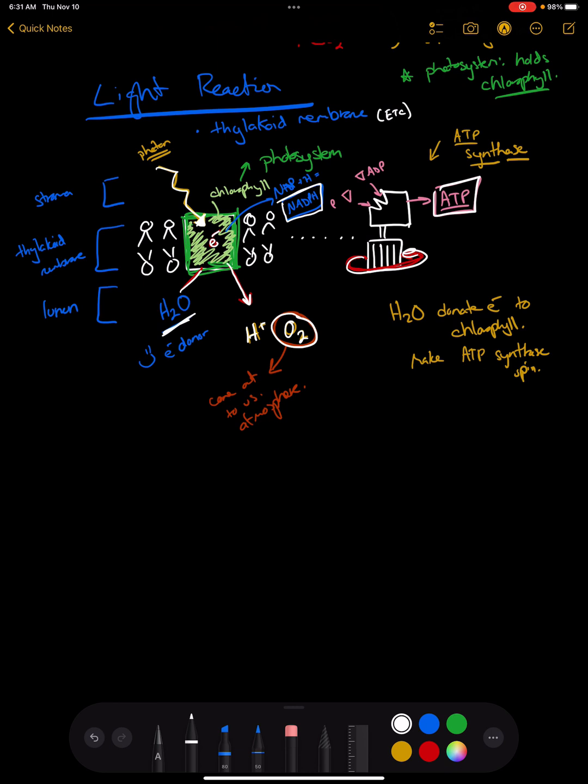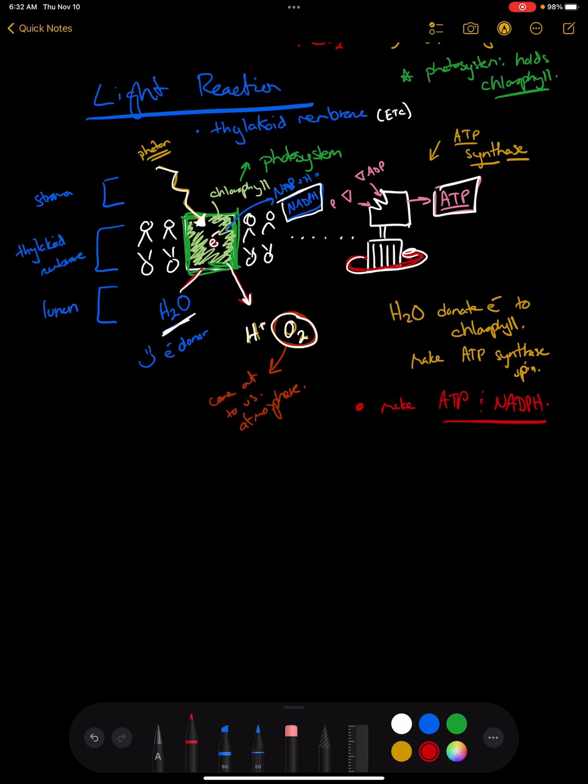But if I have the light hit the chlorophyll and I get the electron, then that NADPH can take that electron out and I can do the reaction over and over and over again. Because my entire goal for the light reaction was to make ATP and NADPH, which is what I just made, okay?